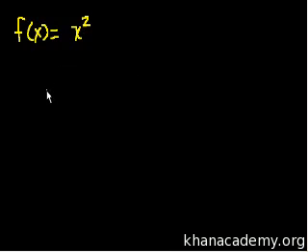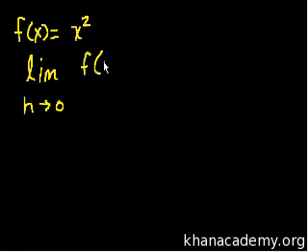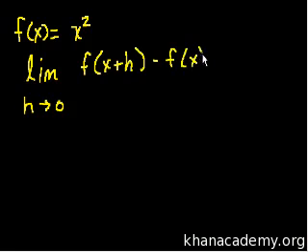And we know that the slope at any point of this is just going to be the limit as h approaches 0 of f of x plus h minus f of x, all of that over h.